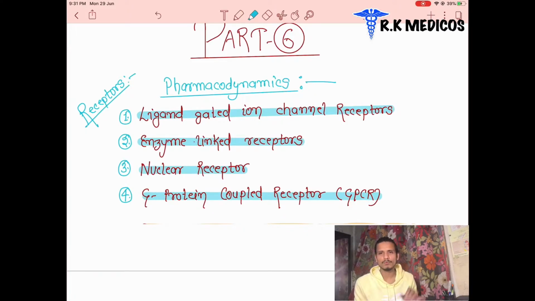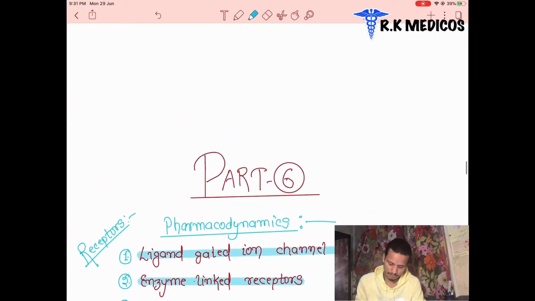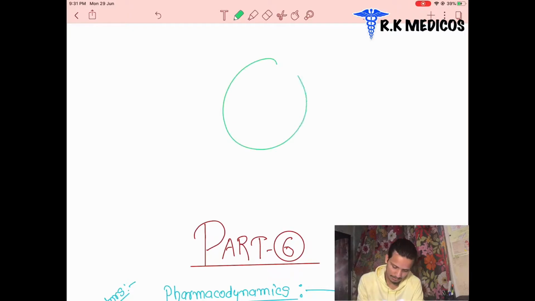So these are the 4 types of receptors we discuss mainly in pharmacology. The first is the ligand gated ion channel. What does it mean? Suppose this is the cell, and inside the cell membrane the channel is present. Something binds to this receptor; suppose this is the receptor and this is the ligand.